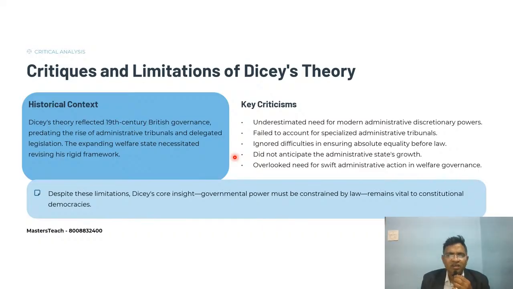It ignored the difficulties in ensuring absolute equality before the law. It did not anticipate the administrative state's growth, and it overlooked the need for swift administrative action in welfare governance. Despite these limitations, Dicey's core insight, that government powers must be constrained by law, remains vital to constitutional democracies.